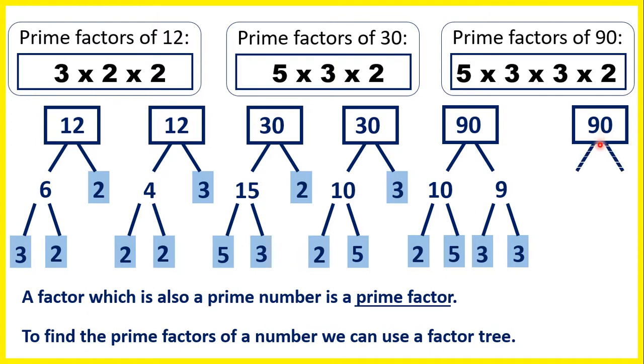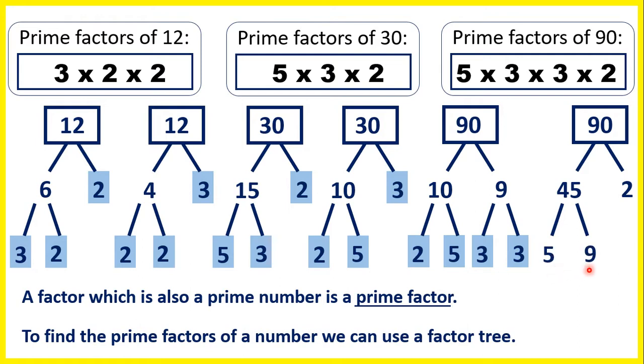Or we could have drawn a slightly different factor tree. Instead of doing 10 times 9 is 90, we could have done 45 times 2. So now we have a prime number, so we can't break this 2 down any further, but we can break 45 down.